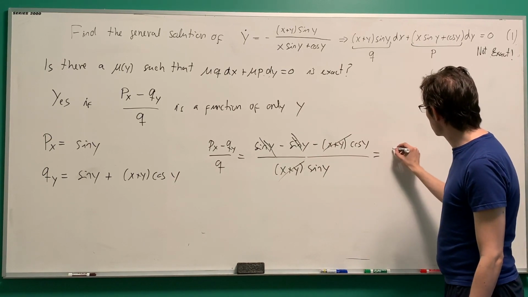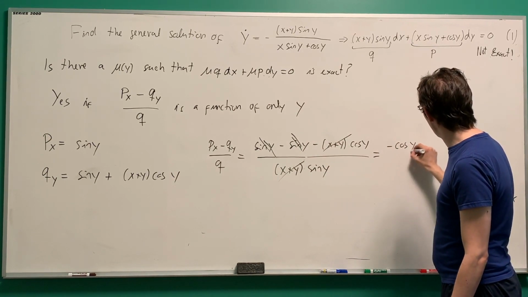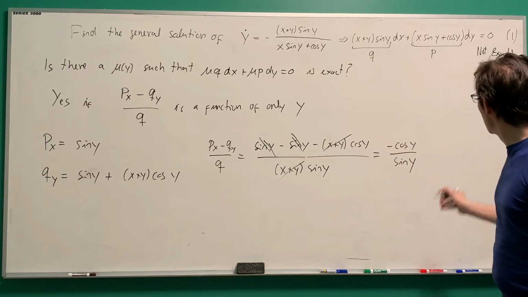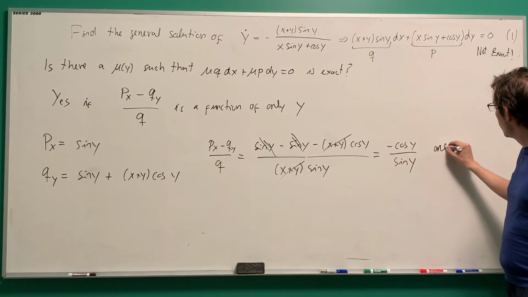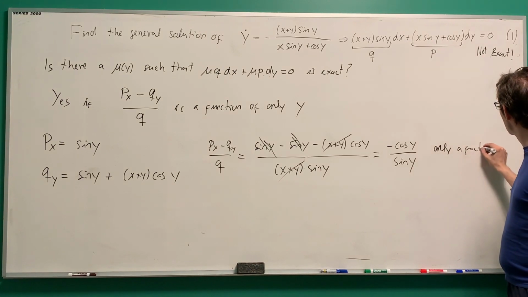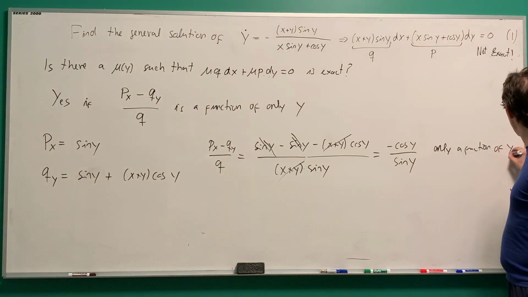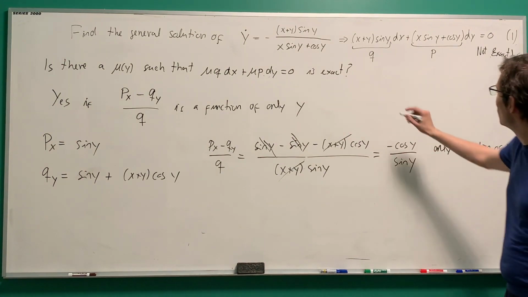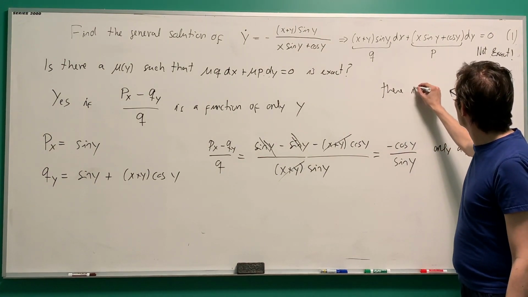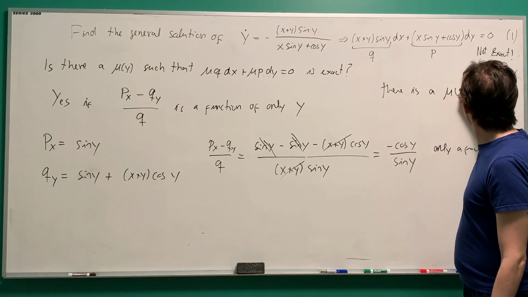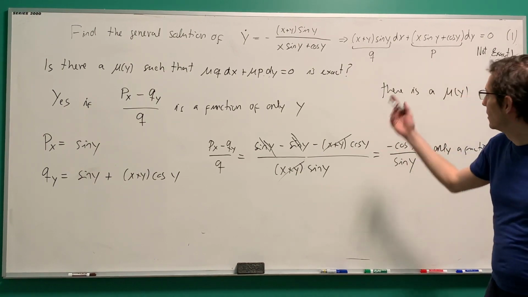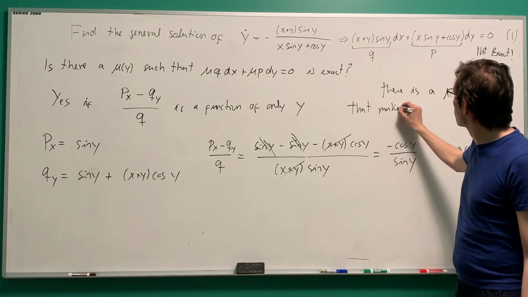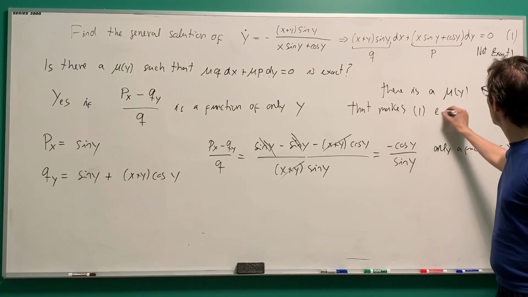So the result is minus cosine of y divided by sine of y. How nice. This is only a function of y. Nice. So the answer is yes. There is a mu of y that makes the equation exact.